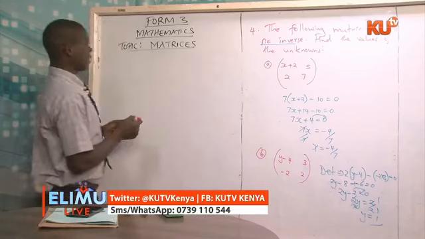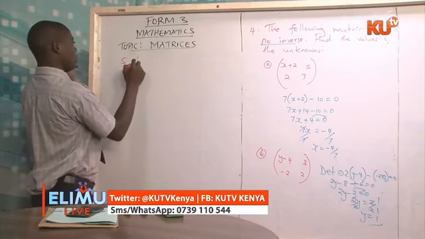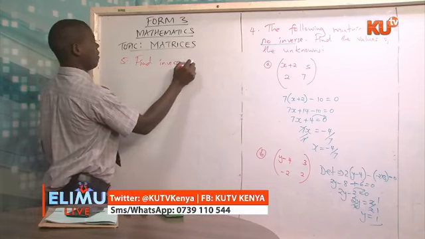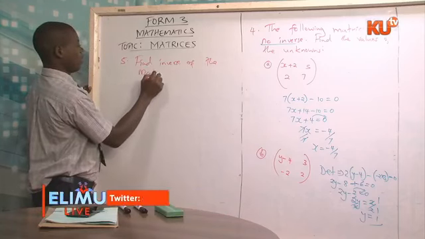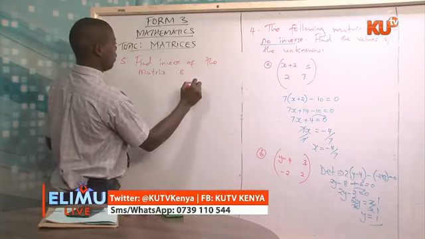The last example, before we conclude our lesson: you are told to find the inverse of the matrix 8, negative 7, 3, negative 4.